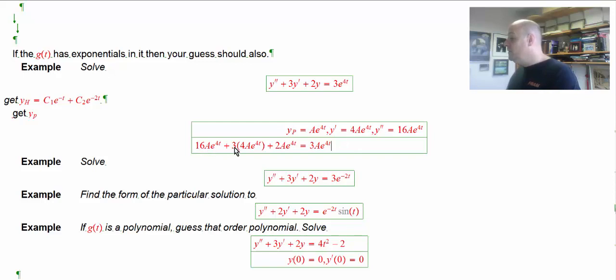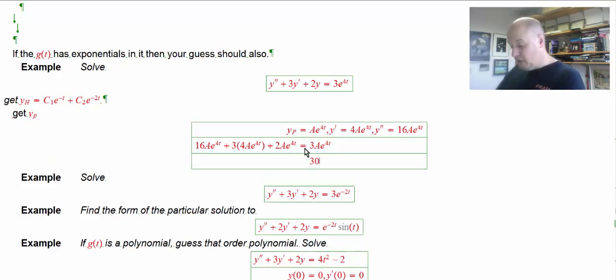Well, that's going to be 16 of these plus 12 of these plus 2 of these. 16 plus 12 plus 2 is 30. That's going to be 30a is equal to, there's no a in front, 3.